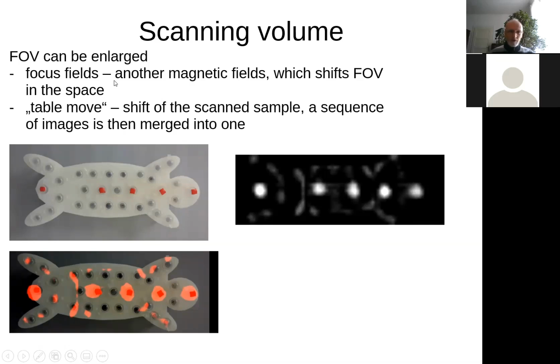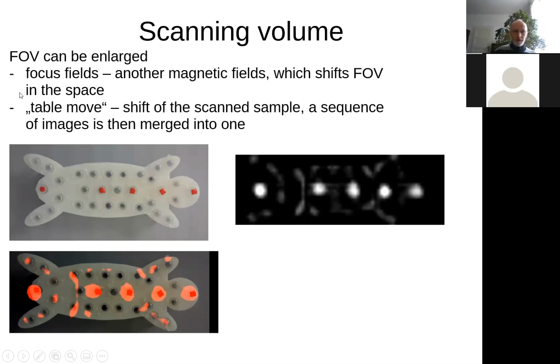First is using another magnetic field, so-called focus field, which shifts the whole field of view in the space, just moves the basic field-free point in different directions, so you can sequentially scan the whole volume. Here is an example. This is a phantom in the shape of a rat, and here it was scanned in 3 parts and put together.